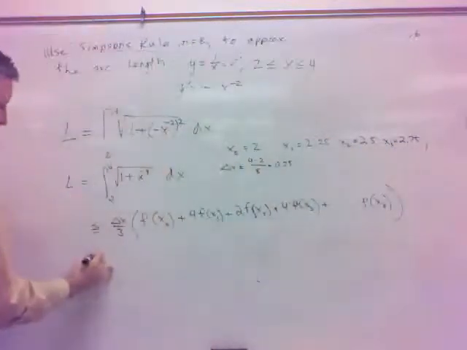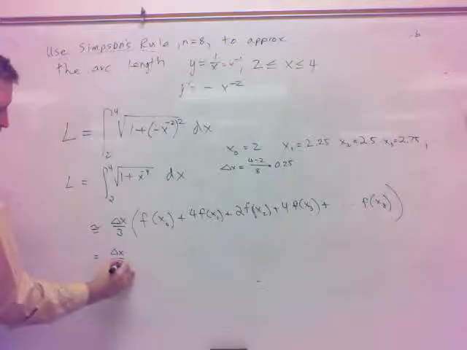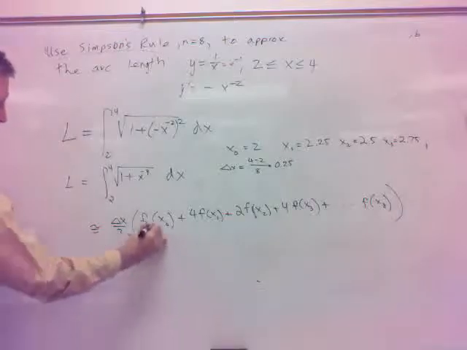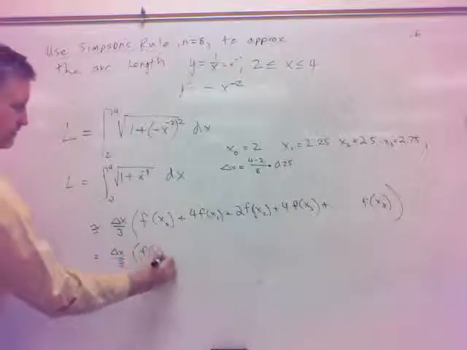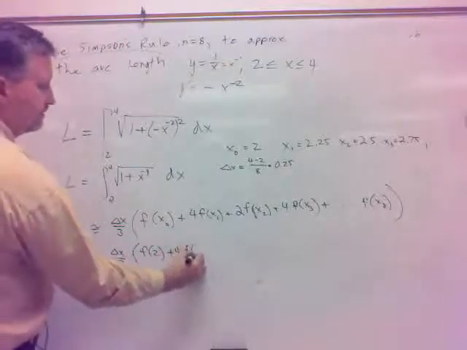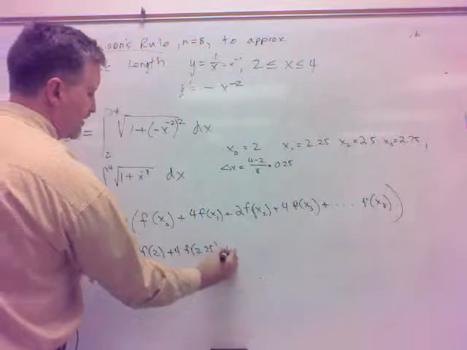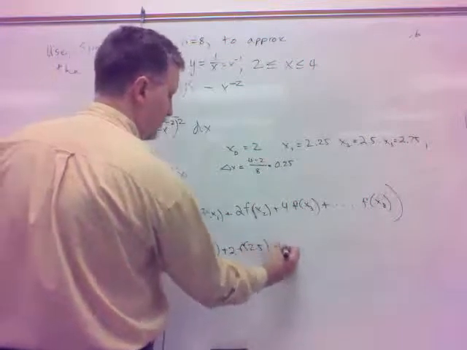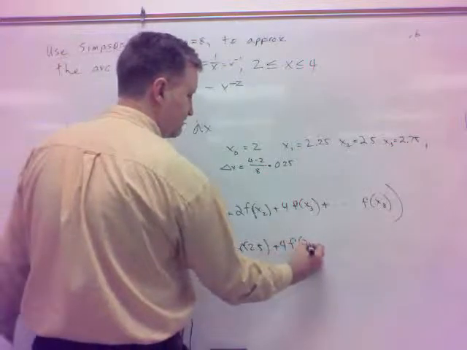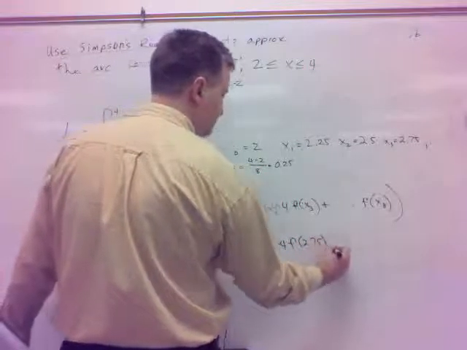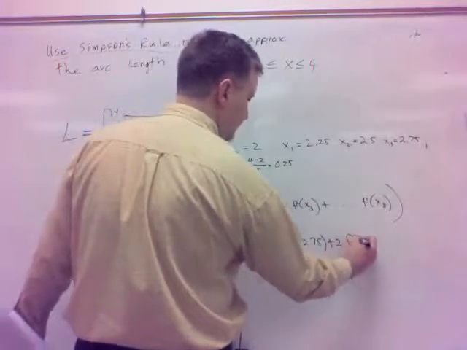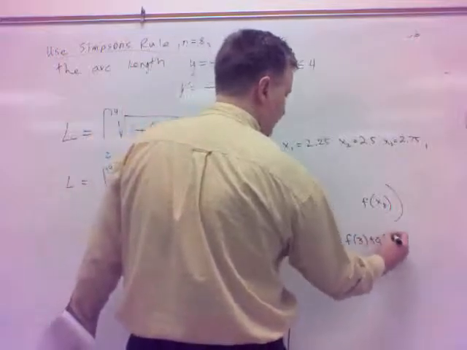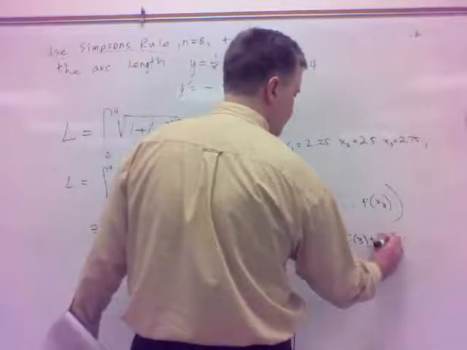So in my case here, it's going to be delta x over 3 times f of x sub 0, so it'll be f of 2 plus 4 f of 2.25 plus 2 times f of 2.5 plus 4 times f of 2.75, 2 f of 3, 4 f of 3.25.